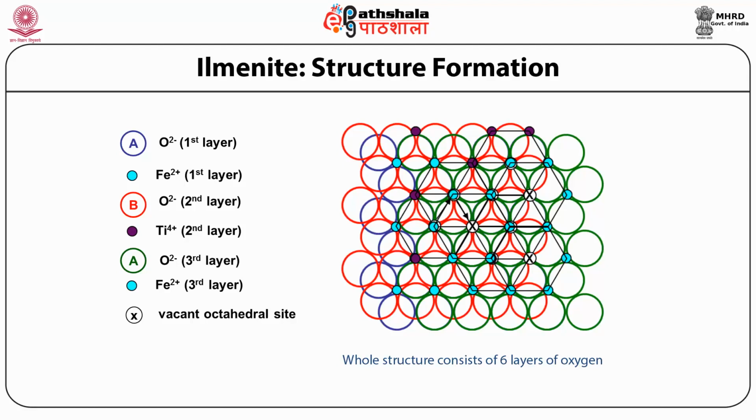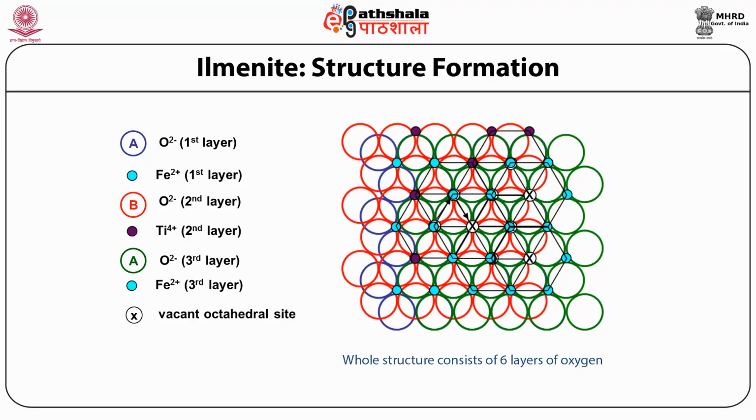In this case, the 3 atoms are iron, oxygen and titanium. In the present case, there are 3 layers present, and there is a vacant octahedral site which is similar to the case which we have discussed previously.